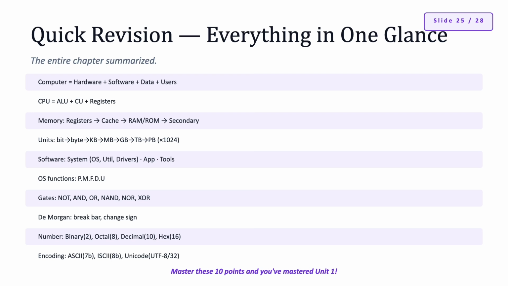Units: bit, byte, KB, MB, GB, TB, PB, each times 1024. Software equals system software, operating system, utilities, drivers, plus application software, plus programming tools. OS functions, PMFDU. Boolean gates: NOT, AND, OR, NAND, NOR, XOR.